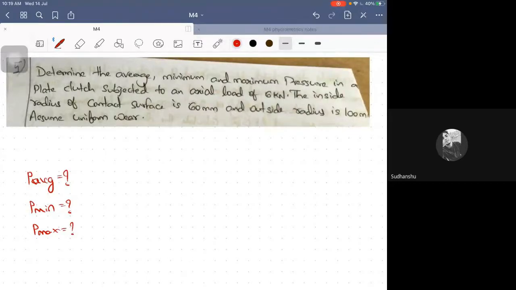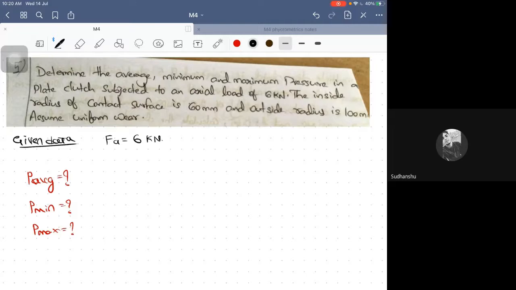Okay, let's go to the given data now. Determine the average, minimum and maximum pressure in a plate clutch subjected to an axial load of 6 kilonewton. So axial load is how much? 6 kilonewton. Axial load is nothing but FA, which is given as 6 kilonewton.